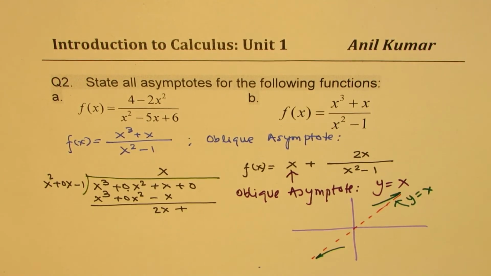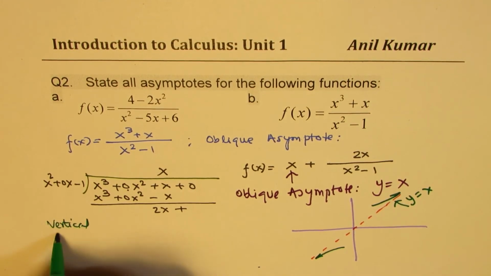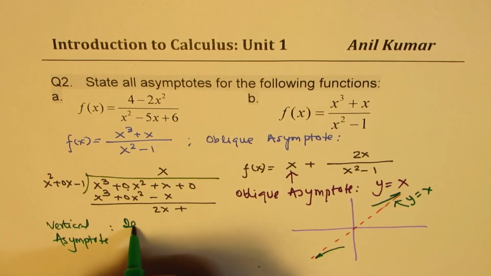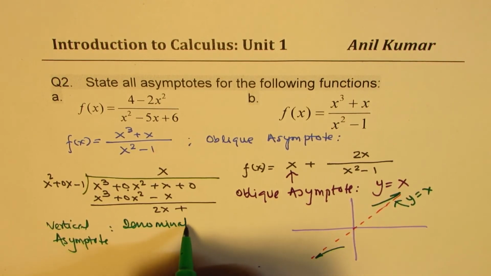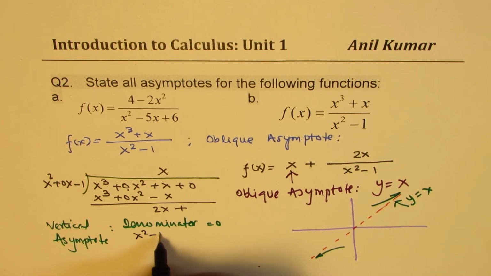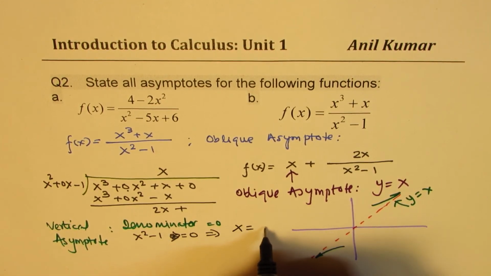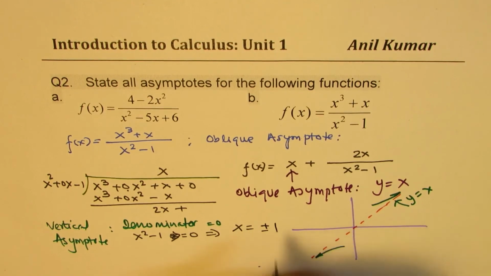So let's move on and find the vertical asymptotes. For vertical asymptotes, I can equate the denominator to 0. So let's find the vertical asymptotes now. That means denominator equals 0. So we have x squared minus 1 equals 0, which implies x is equal to plus minus 1, right?